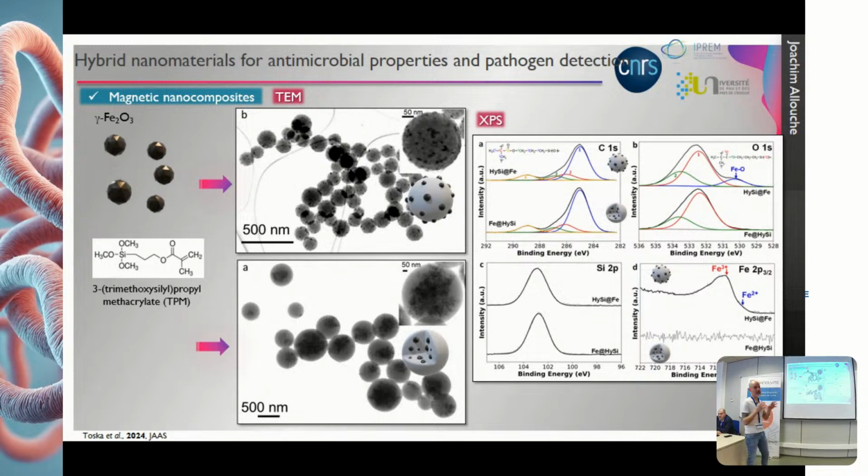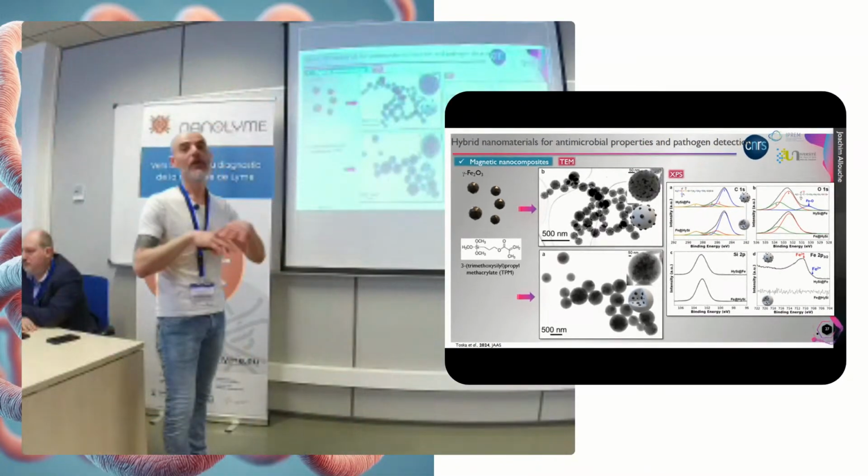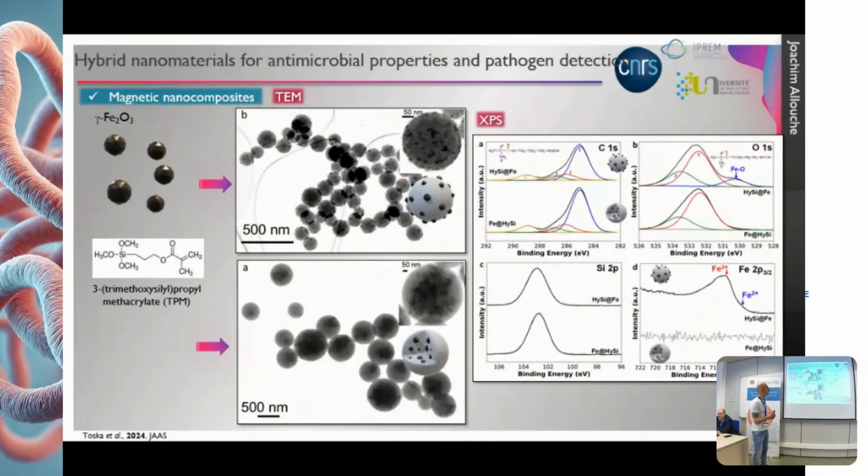This is a silica precursor, but with an organic part. So you can polymerize silica here, but also you can polymerize the organic part here. So at the end, we obtain composite nanoparticles, and we are able to control the localization of the iron oxide inside the composite.